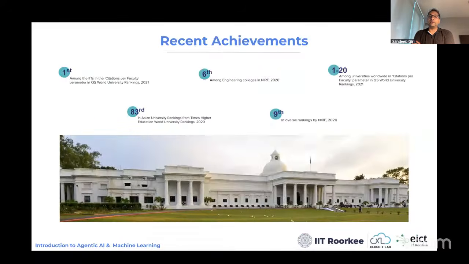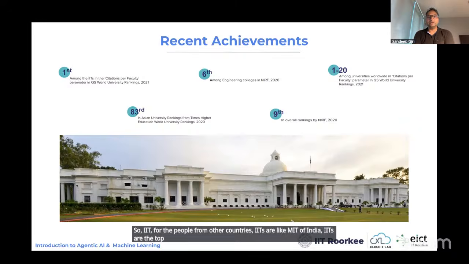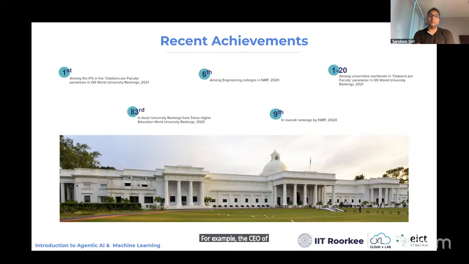For people from other countries, IITs are like the MIT of India. IITs are the top institutions from India. For example, the CEO of Google is an alumnus of an IIT.